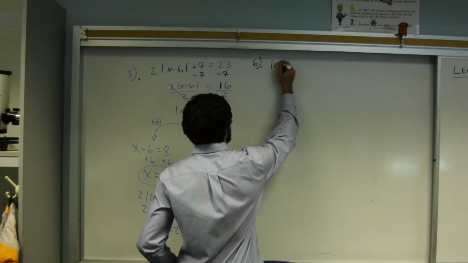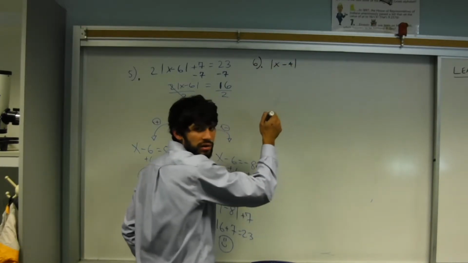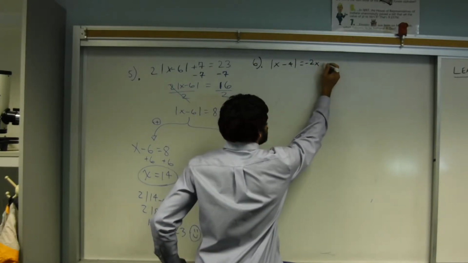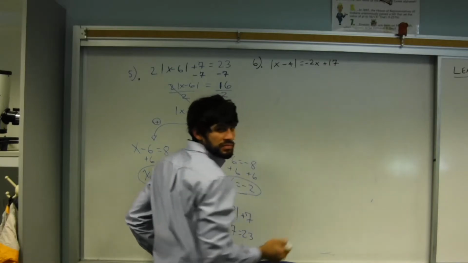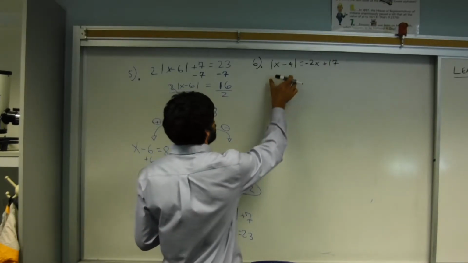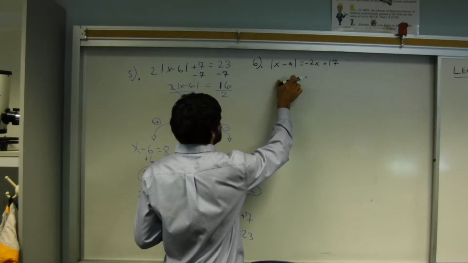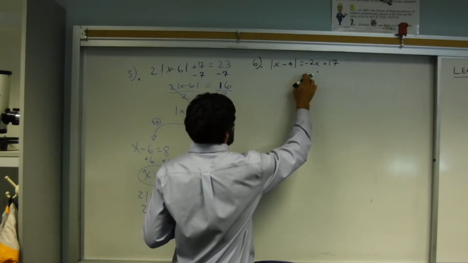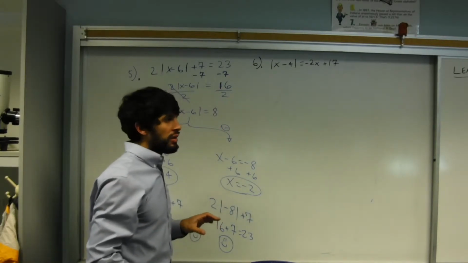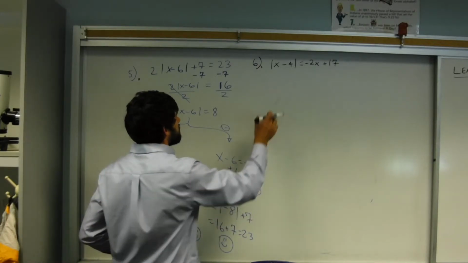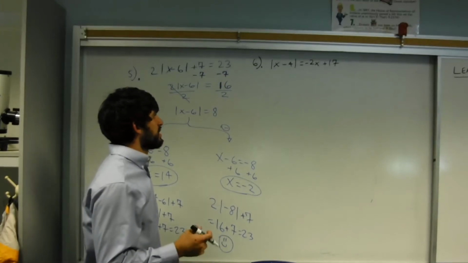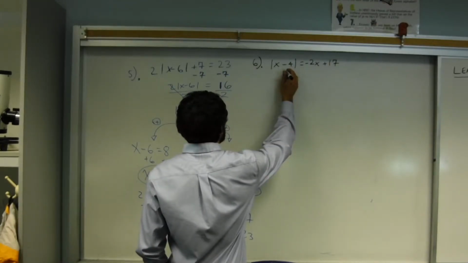And this one is the absolute value of x minus 4 is equal to negative 2x plus 17. You might notice in this case we have both an absolute value with an x in it, and we also have an x outside the absolute value. In this case, our absolute value is already isolated for us, so that's good news, so we can split it right away.